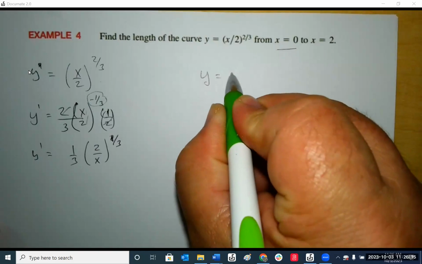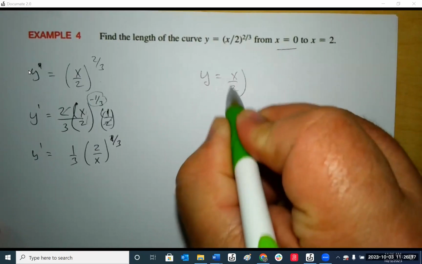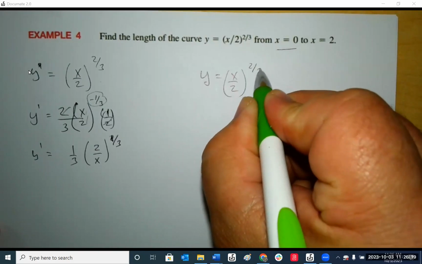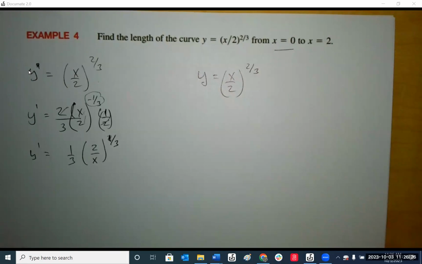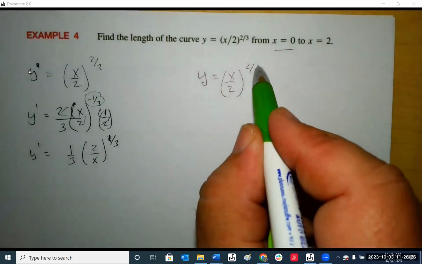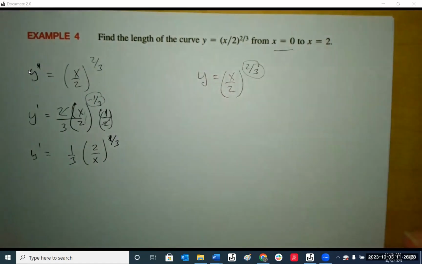y equals (x over 2) to the power 2/3. Solve for x. What's the first thing you have to do? We have to get rid of this exponent. We have to make that equal to 1. How do we do that?